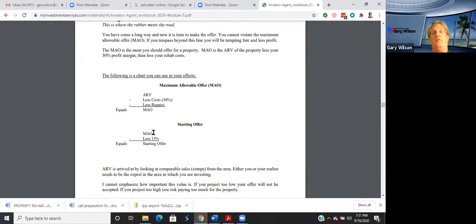We might subtract a few points less to give us some negotiating room when the market is a little bit soft. But right now, guys, when the market is like it is, demand far exceeds supply. You're not going to have any wiggle room. You might just want to offer flat out your MAO, maximum allowable offer. The point I'm trying to make here is we never violate the MAO. We never go above it.